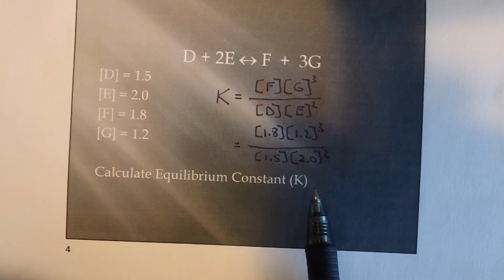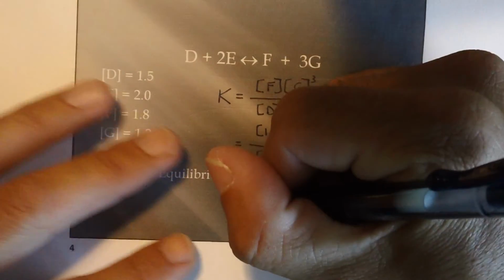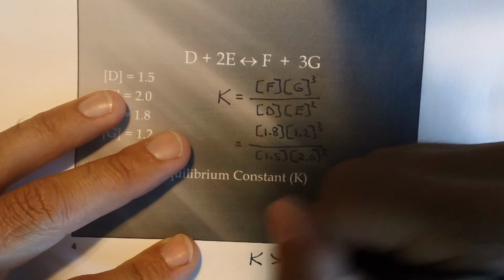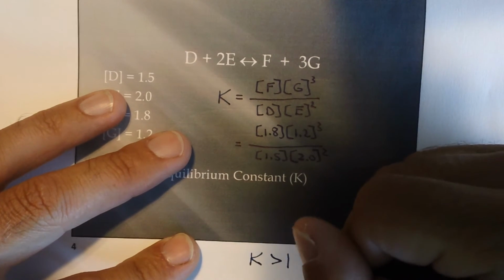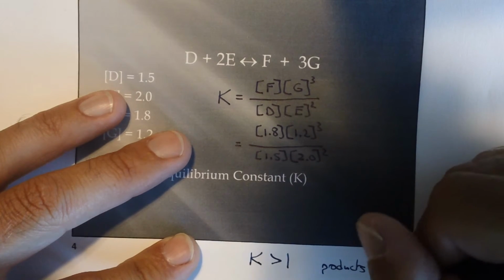But equilibrium constants are one thing that doesn't have a unit on it. So there's no unit on that value. That value, ready? If K is greater than 1, that means products are favored.